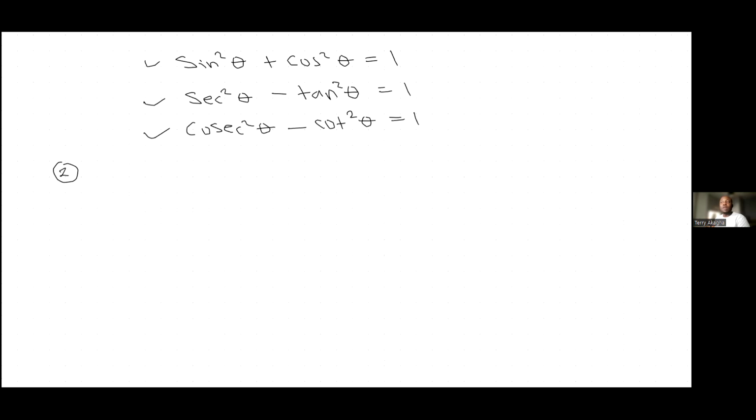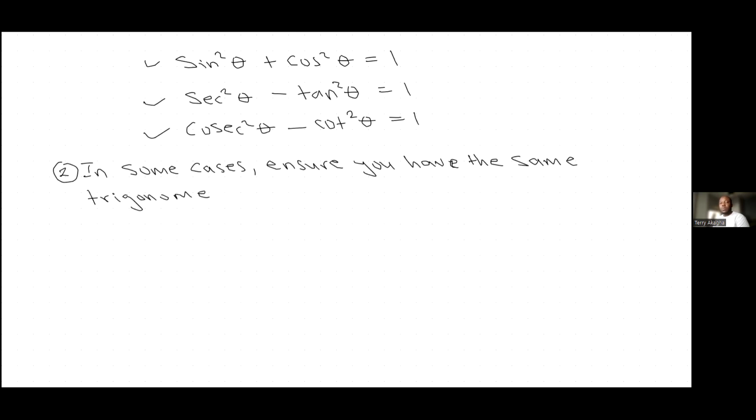But the best way to do it is to ensure you have the same trigonometry function throughout the equation.